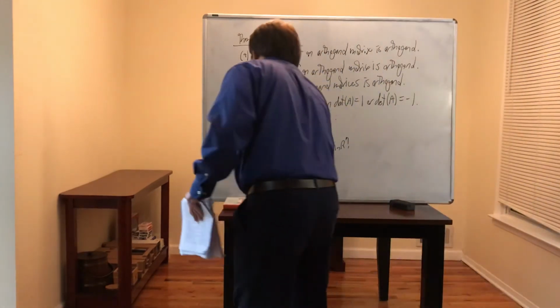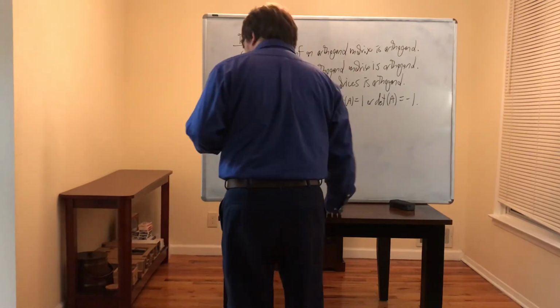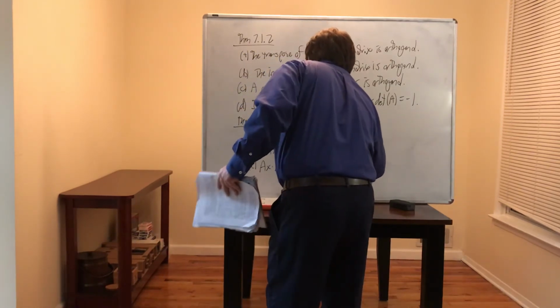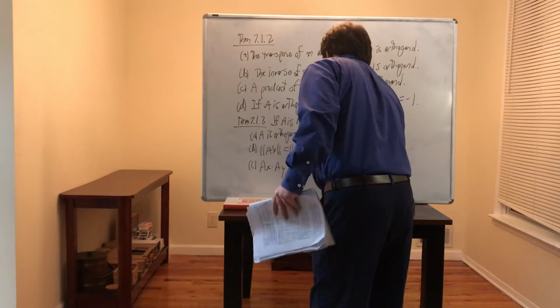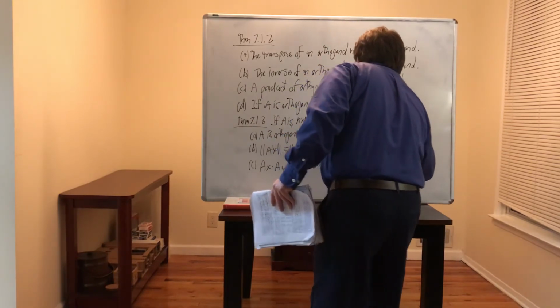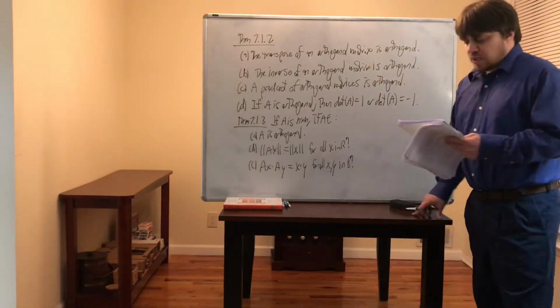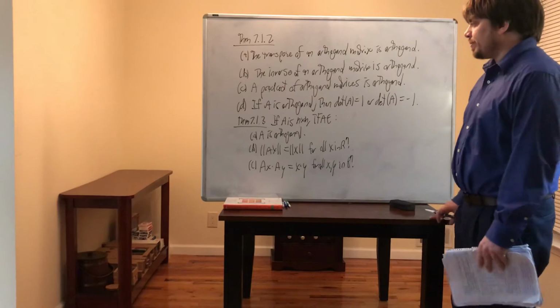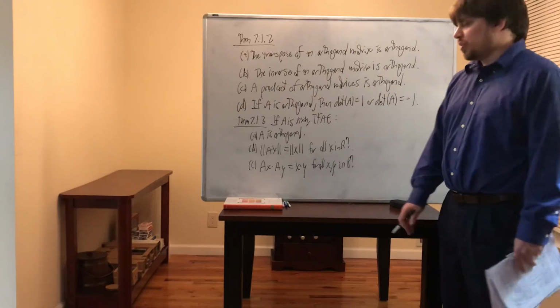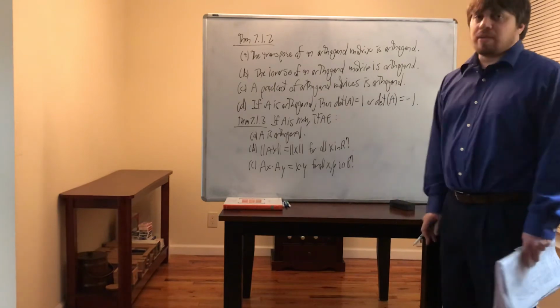And statement C, AX dotted with AY is equal to X dotted with Y for all n-tuples X and Y in n space. So that's Theorem 7.1.3. Statements A, B, and C are all equivalent if A is an n by n matrix.